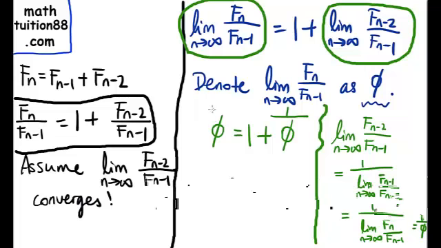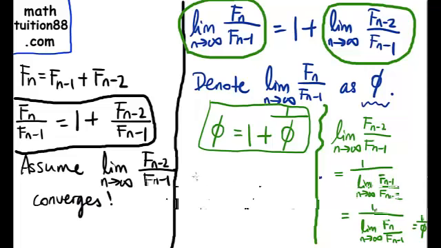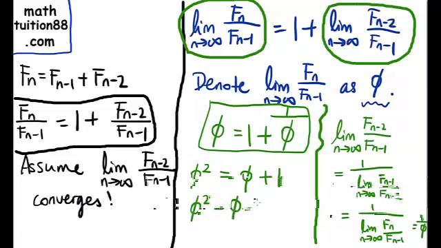Now we have this nice equation down here, and we will multiply by phi on both sides to get phi squared equals phi plus 1, and we get a nice equation, phi squared minus phi minus 1 equals 0.